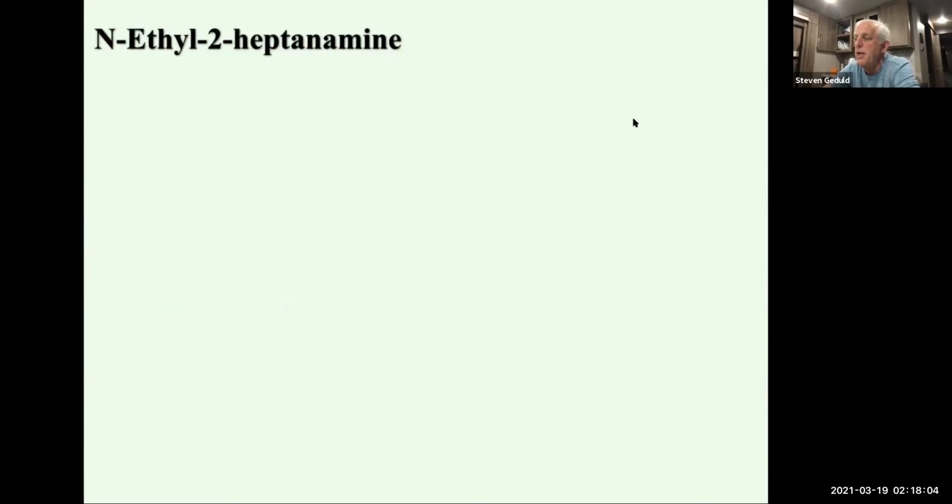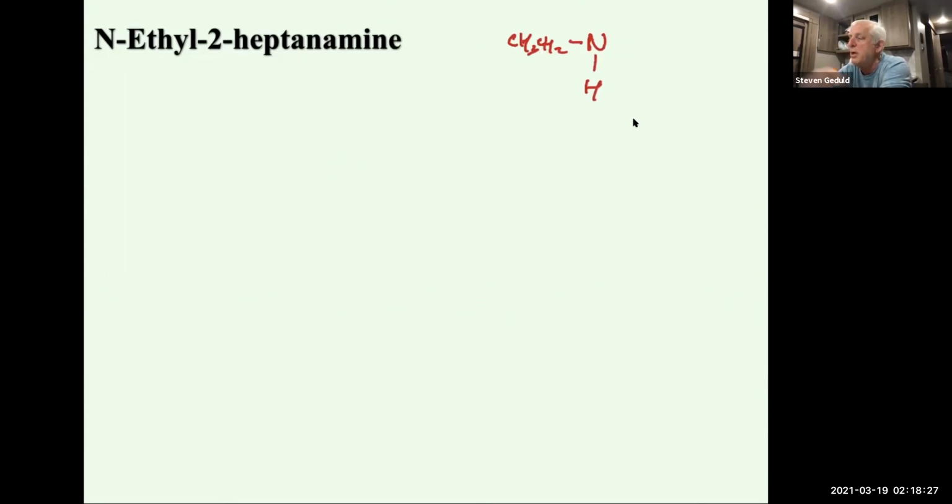N-ethyl 2-heptane amine. Okay. You see the 1 N in front of it, you know it has to be a secondary amine. So you have 1 nitrogen and you have a hydrogen bonded to it. Okay. You have 1 ethyl group, CH3, CH2, that's your ethyl group. And then you have a heptanamine group.